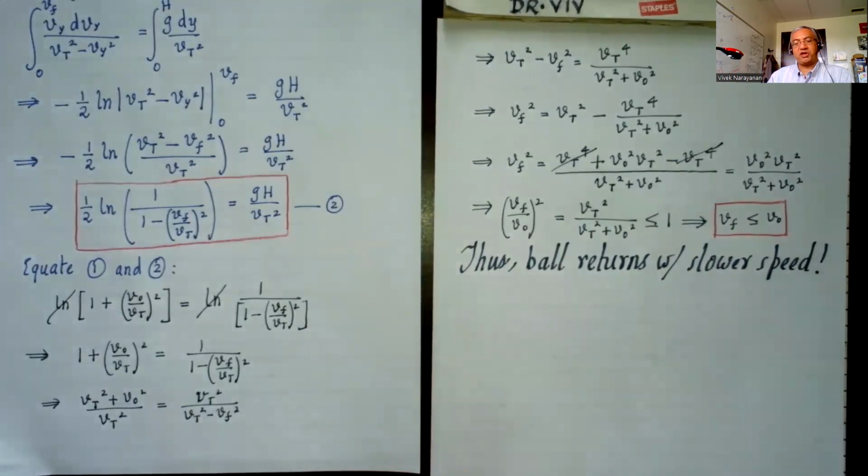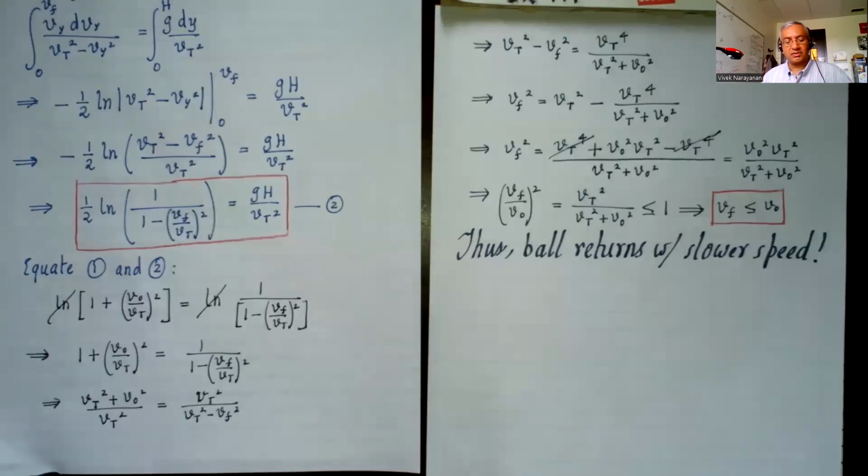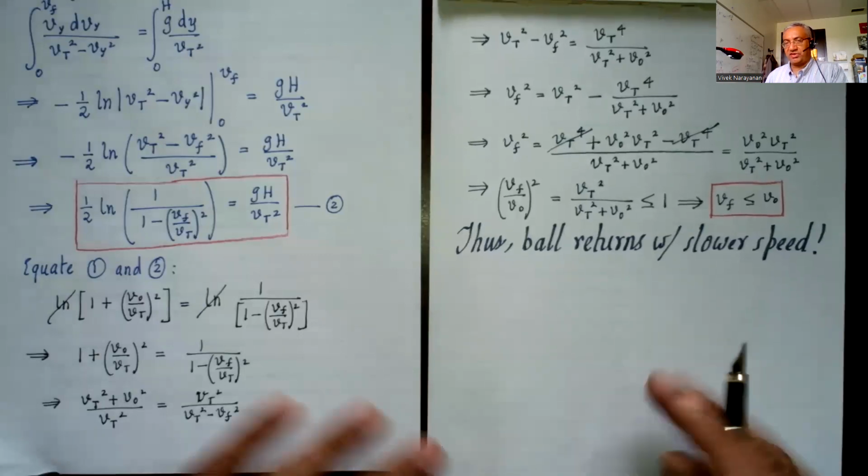The second part of the video is to show that it also takes a longer time to come back than it did to go up. So that's going to be the second part. We'll again split up the calculation into ascent and descent.